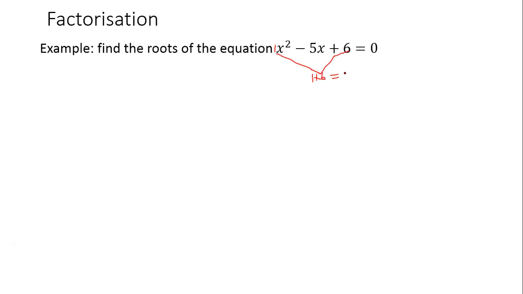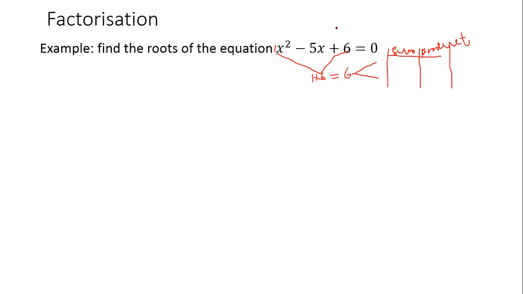So this is 6. We get 2 numbers that we multiply to give us 6, and when we add them, they give us 5. So here we shall have the sum and the product.